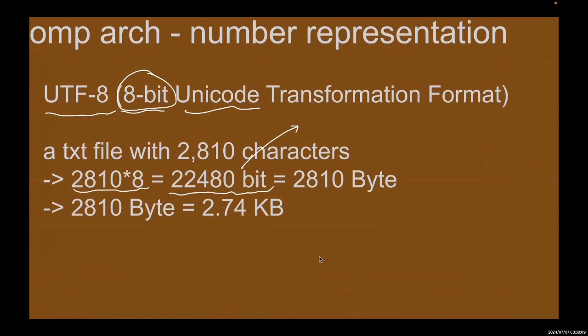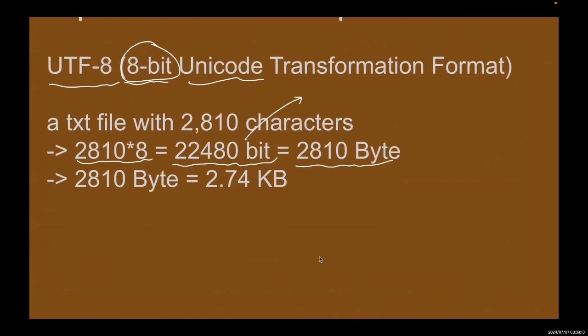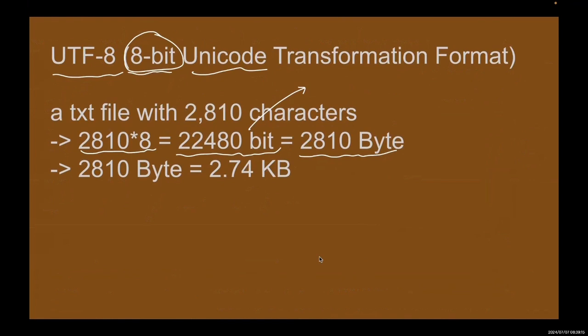And so we divide by 8, it's 2810 bytes, and divided by 1024, and we get 2.74 KB, and it's almost 3 KB. Okay, so that's why we get 3 KB in the computer. Is this clear?